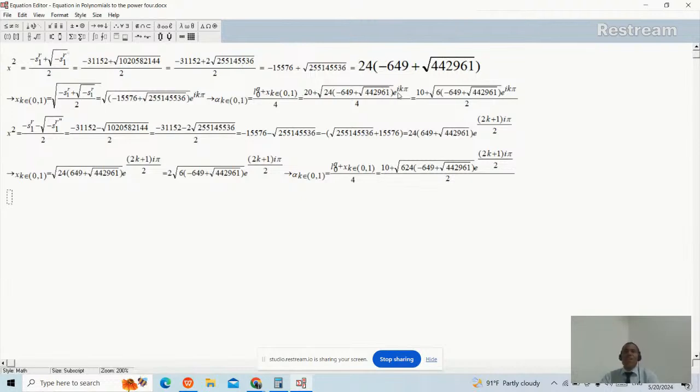Why I put here exponential ik pi? Because one time is positive and the next is negative, because here it's exponential 2ik pi. Then I put the root, it will be this one divided by 2 gives exponential ik pi, which is equal, learners, to this value.